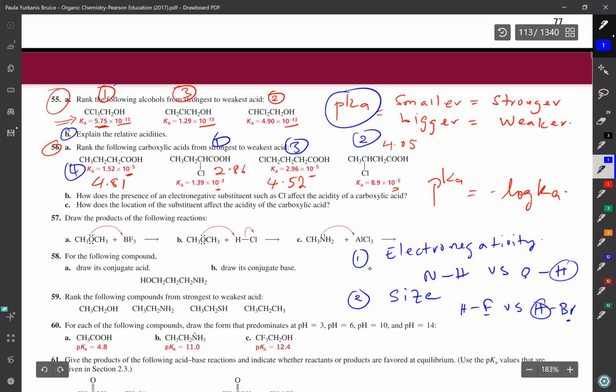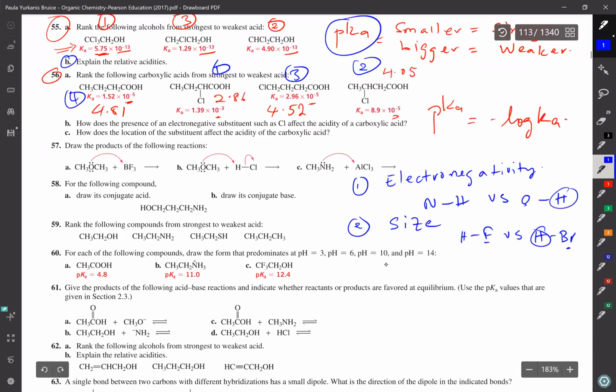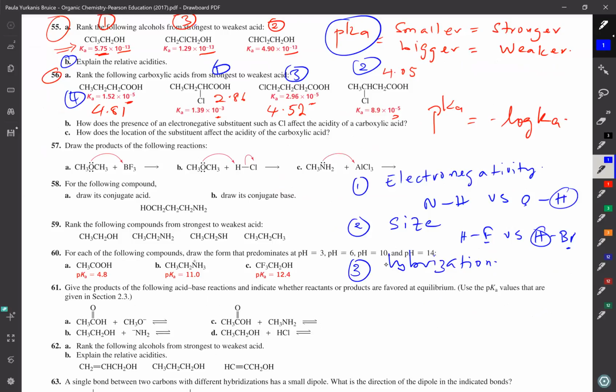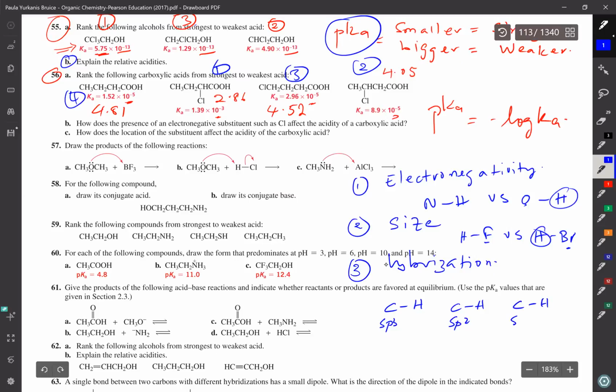Now, other factors that we'll be looking at, we might see in the future, will be hybridization. You may use hybridization to explain the acidity. For example, if I have a hydrogen connected to an sp3 carbon, and I'm comparing it to a hydrogen connected to an sp2 carbon, and to a hydrogen connected to an sp carbon, which one is more acidic?